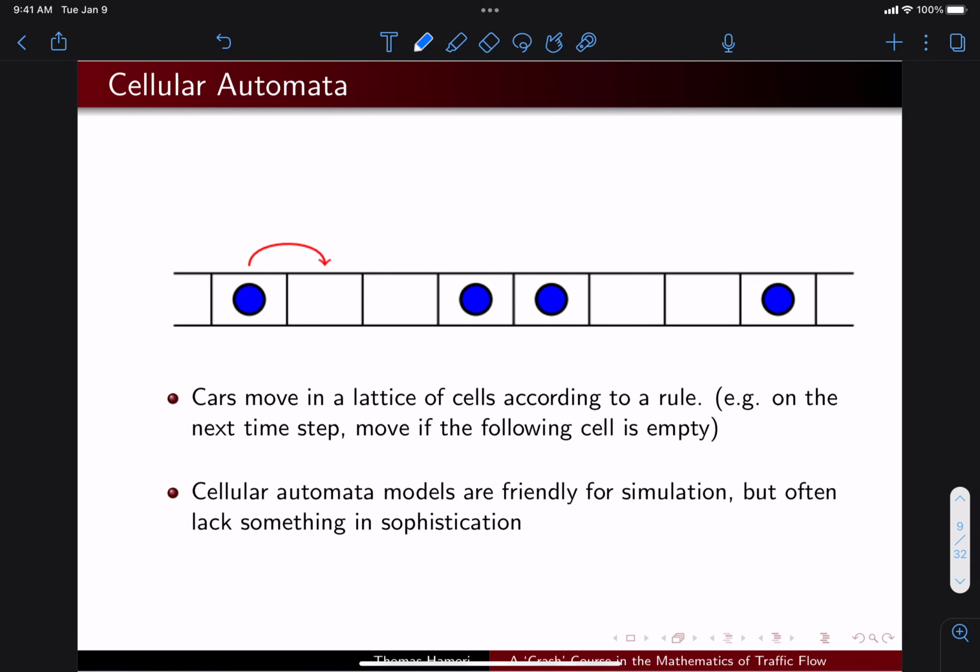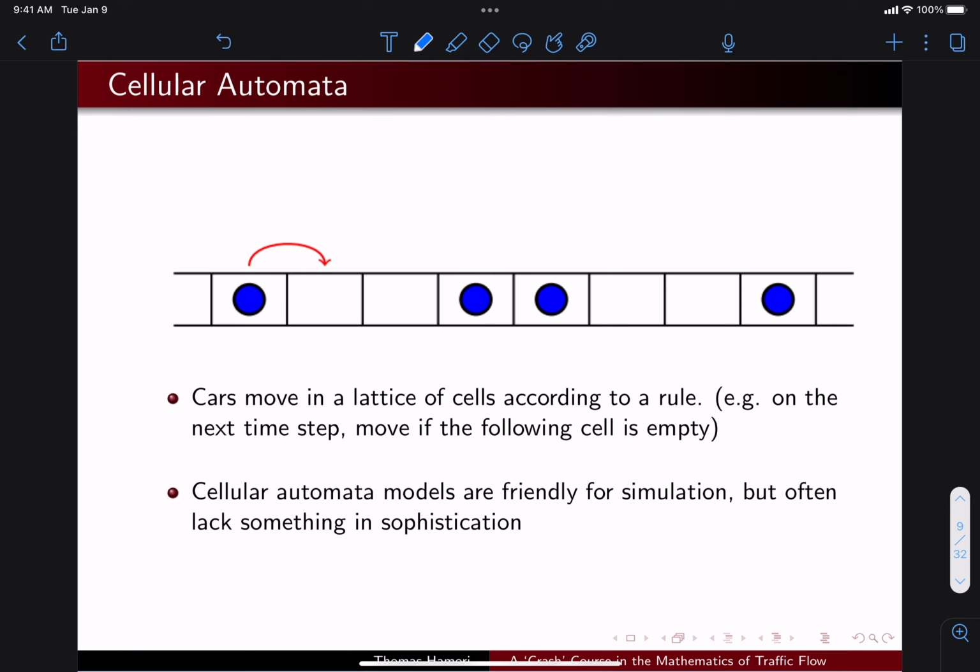First of all, why do we want to understand traffic models? If we can explain mathematically what is happening on a roadway, then we can experiment mathematically with what happens to the model when we do various things. And if our model is a good model, that can help us make predictions about what's going to happen on an actual roadway. If we can do all of that, then we'll be happy.